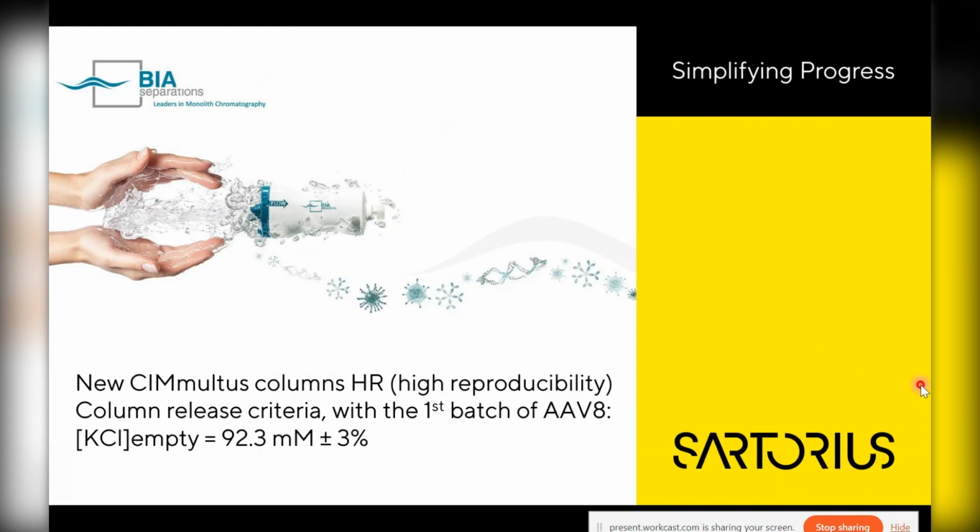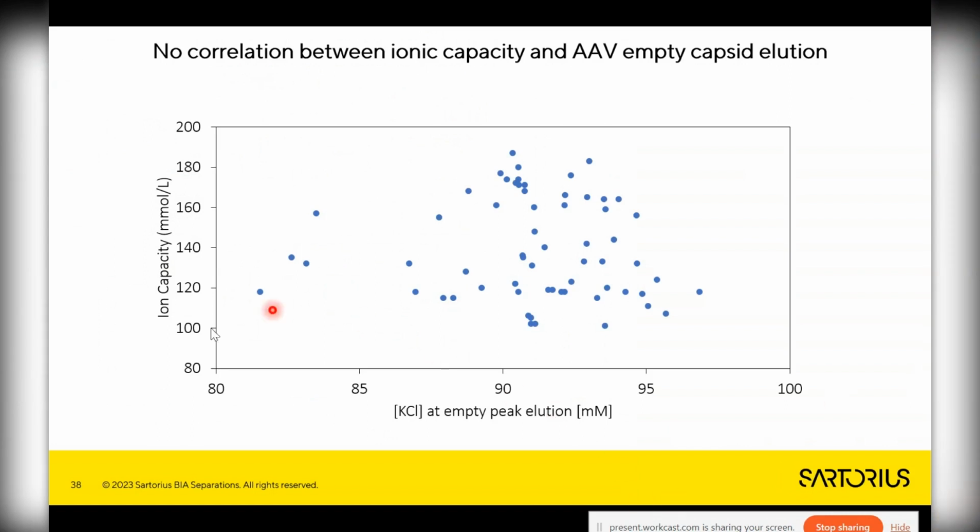These small molecules we found later on are not representing the column properly. So we did a big study, we plotted ion capacity of each of our columns, different sizes, and tried to see at which amount of salt we would elute the empty AAV capsid, and you see there is just no correlation.